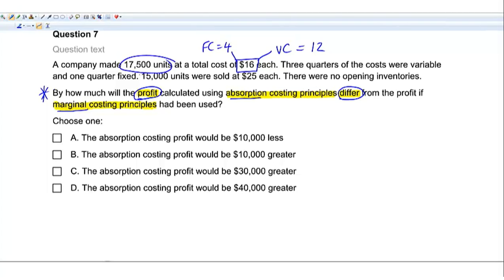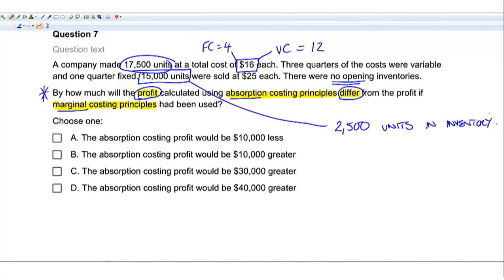If we read on, we're then told that 15,000 units were sold and we're given the selling price, and there were no opening inventories. So if we produced 17,500 units and sold 15,000, there must be 2,500 units remaining in inventory.